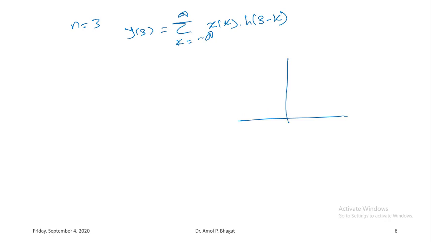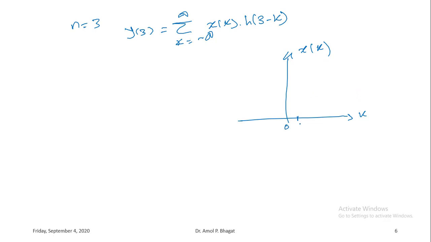Similarly for n equals 3, y of 3 will be summation k equals minus infinity to infinity, then we will be obtaining x of k into h of 3 minus k. Again your x of k is the same, that is nothing but 1 2 3 1.